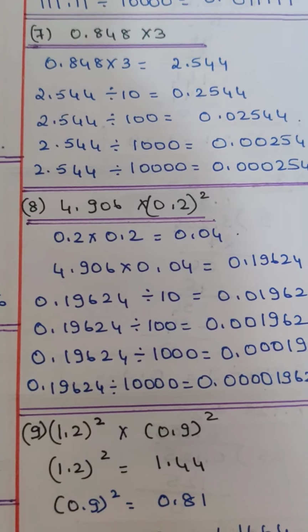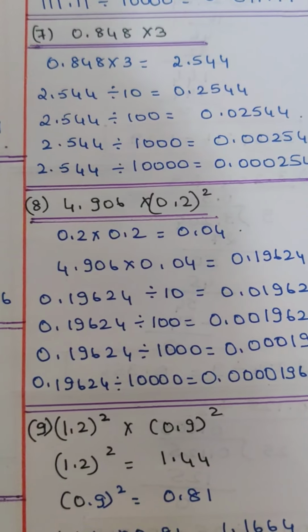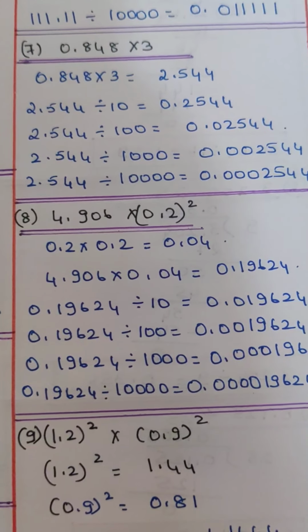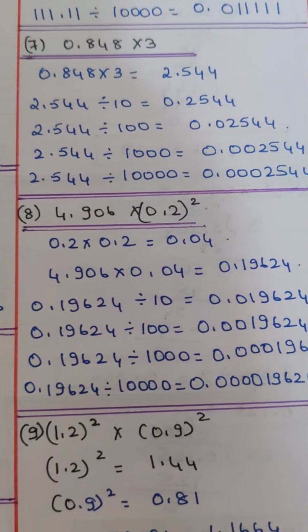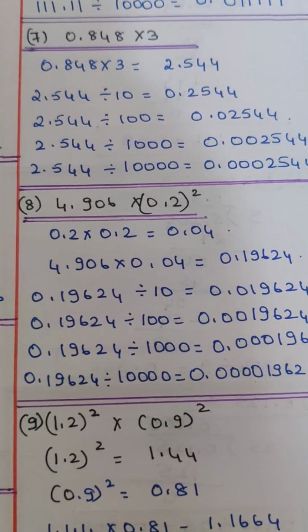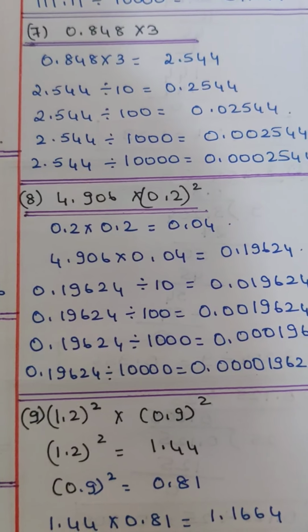Now the 8th one, 4.906 into 0.2 the whole square. 0.2 into 0.2 becomes 0.04. Now 4.906 into 0.04 is equal to 0.19624.